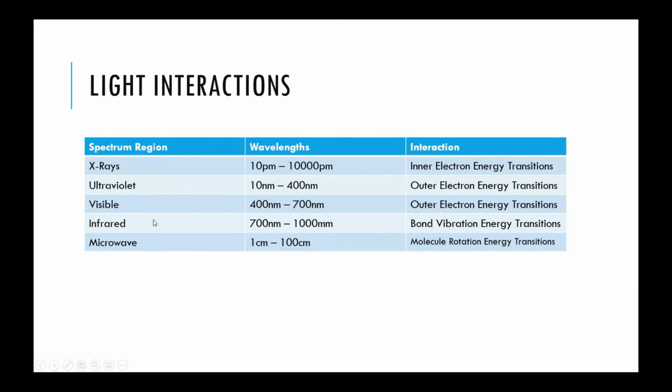While some higher energy wavelengths focus on electronic transitions, lower energy wavelengths focus on other transitions, such as bond frequency, or how the two atoms hooked together through a bond vibrate between themselves, or microwaves, which can look at how a molecule rotates.